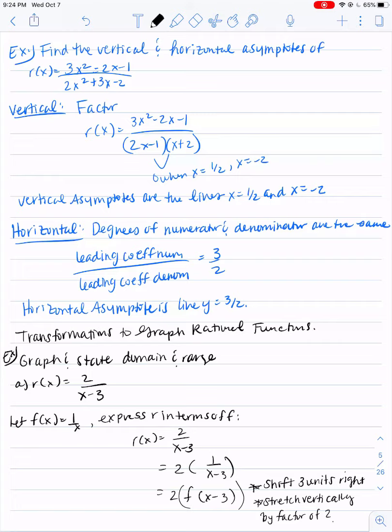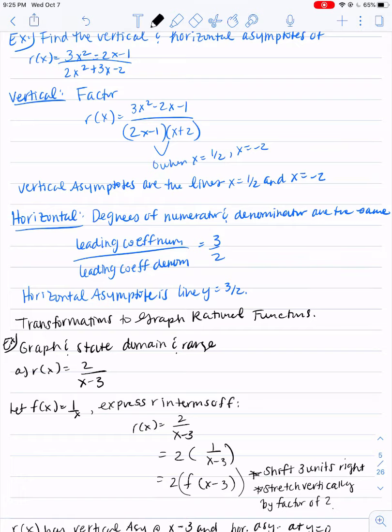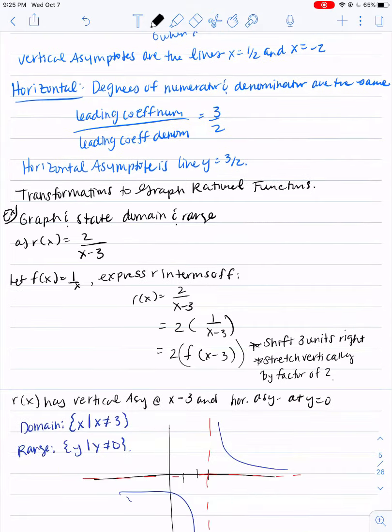So our vertical asymptotes are the lines x equals 1/2 and x equals -2. For our horizontal asymptote, since the degrees of the numerator and denominator are the same, we take the leading coefficients, so we have 3/2. So our horizontal asymptote is the line y equals 3/2. So those are our asymptotes.